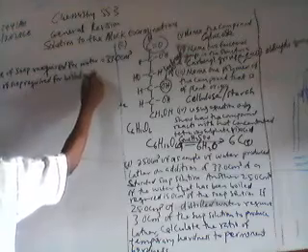Volume of soap required for boiled water is equal to 15.0 cm cube.